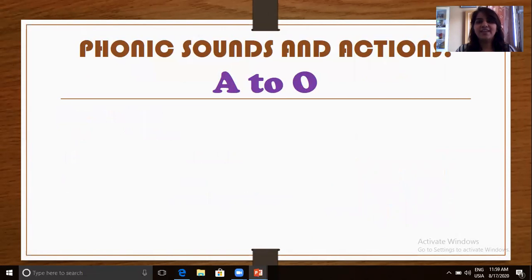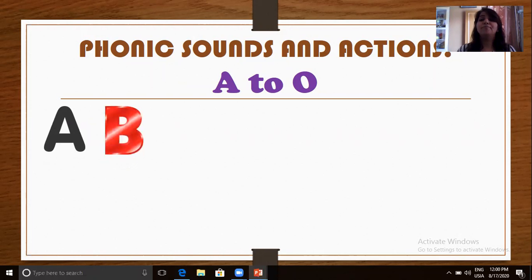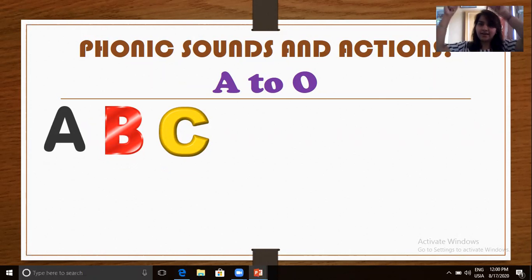Phonic sounds and actions A to O. Phonic sound of A is eh, eh, eh. Phonic sound of B is b, b. Phonic sound of C is k, k, k.